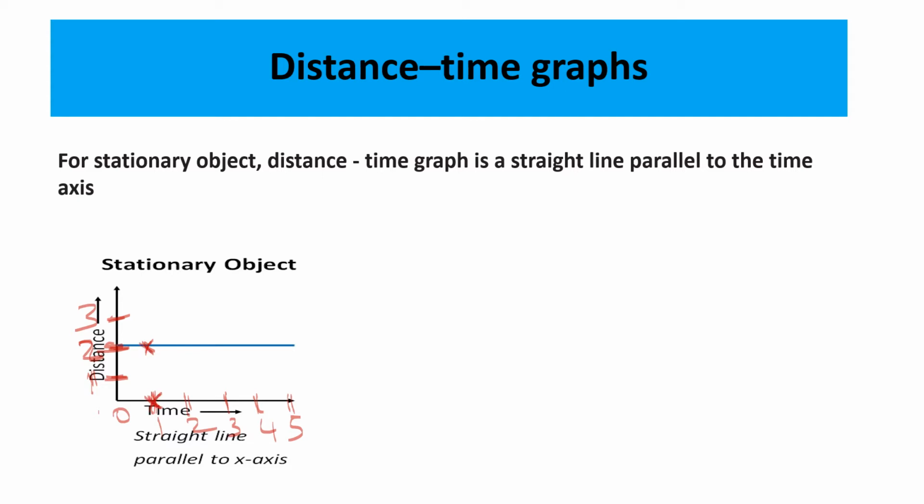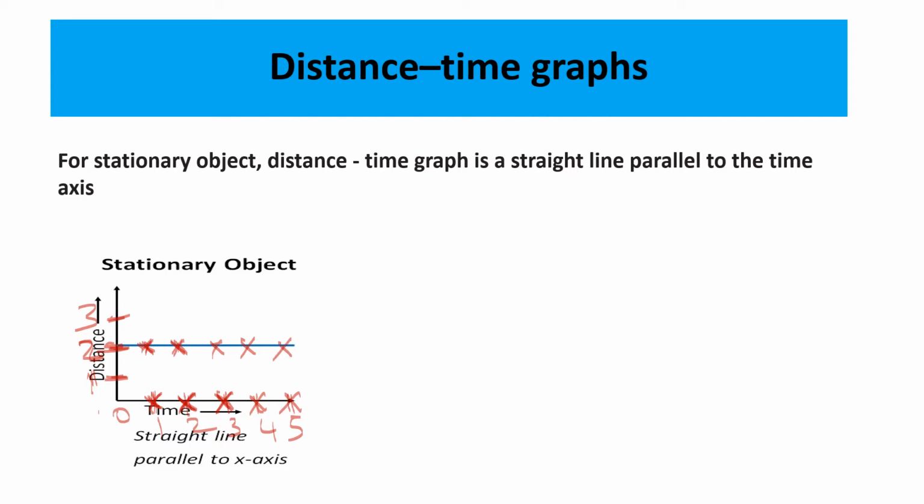It is 2 meters. At 2 seconds, what is the distance covered? It is still the same 2 meters. At this point, 2 meters. At the 4th second, it is again 2 meters. At the 5th second, it is again 2 meters.